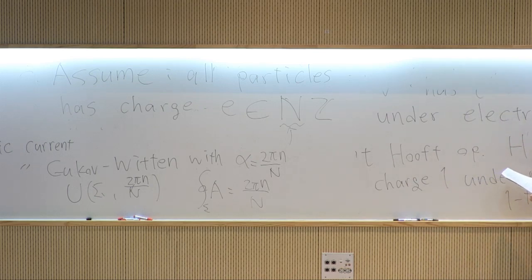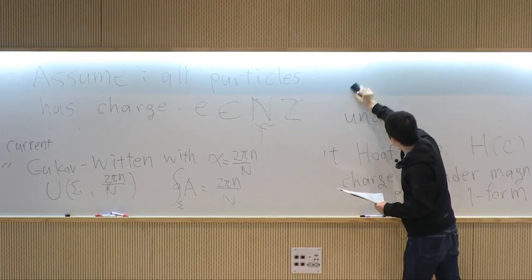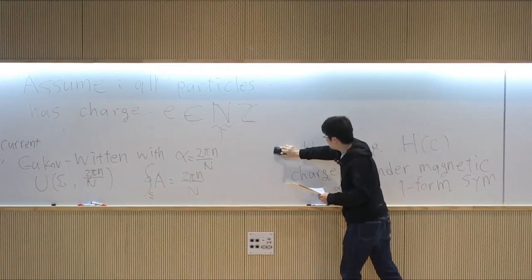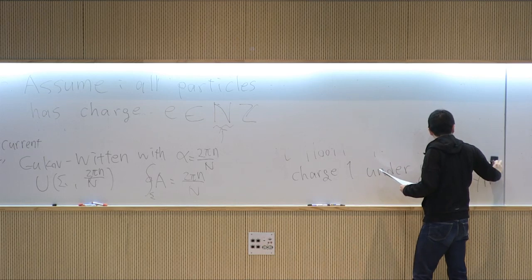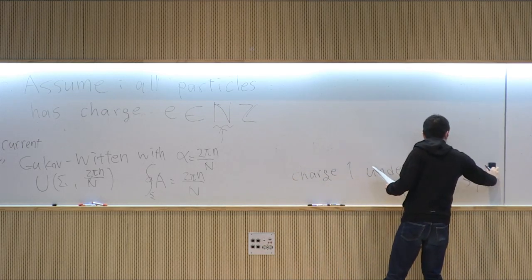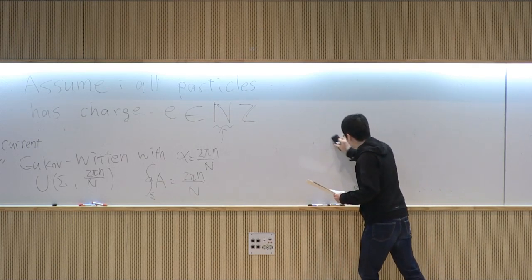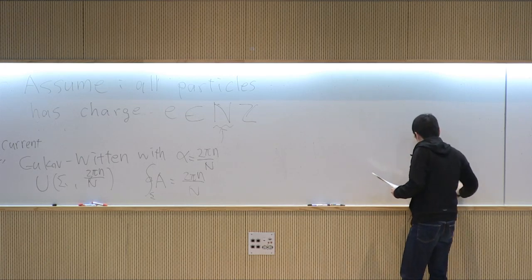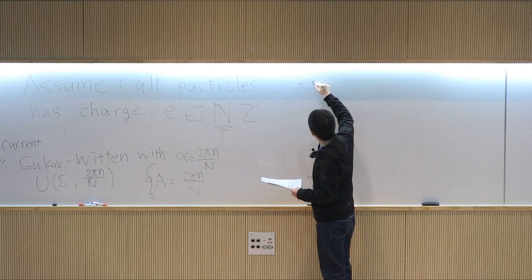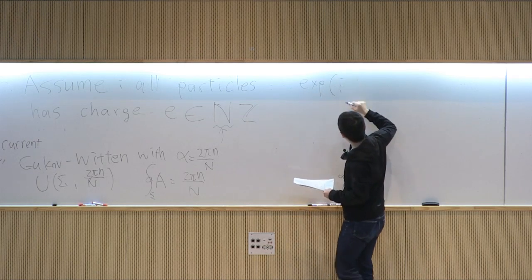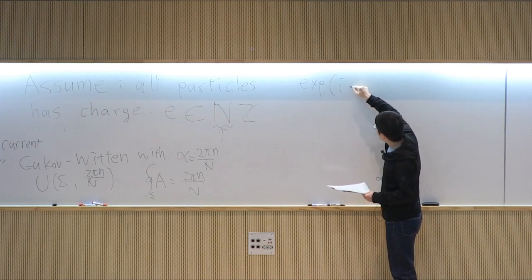Then this Gukov-Witten operator is invisible to all the dynamical particles in the theory, because we assumed that the dynamical particles have electric charge which is a multiple of capital N. What is relevant for the quantum mechanical action of a charged particle is this holonomy.